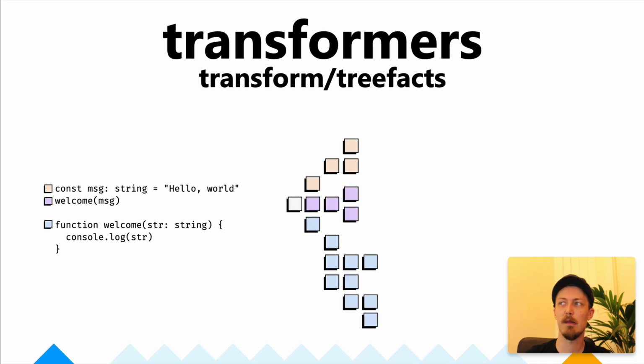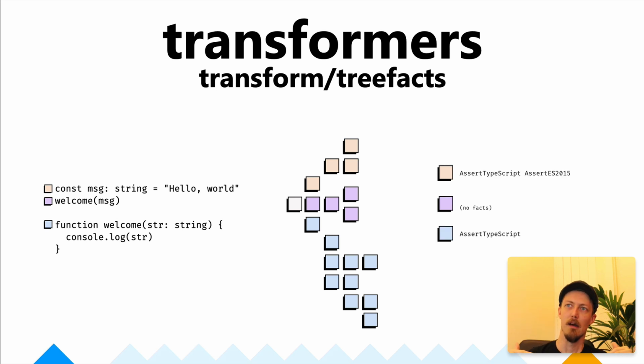So we have these three statements, and it corresponds almost exactly to this syntax tree shape. And what happens is that when they are being created, each part of this tree knows which parts will need changing later down the line.